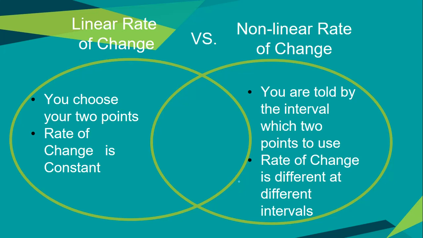The rate of change is different at different intervals. Notice, different than linear, you're not going to get a constant rate of change, just like our last example. We didn't get the same rate of change for both intervals. We got different ones. However, they both use the same formula. You still are using change of y over change of x, the delta y over delta x. No difference in that form. You're still using basically what you used to call the slope formula.